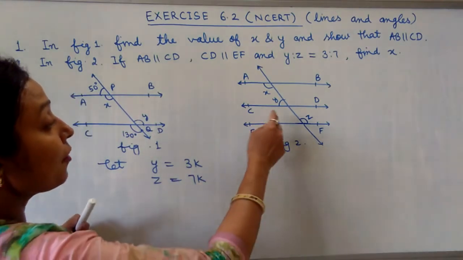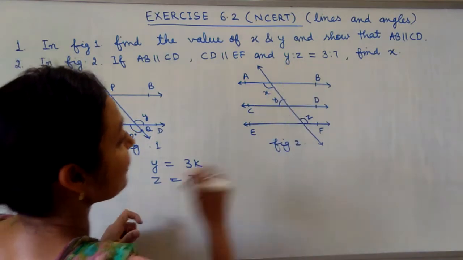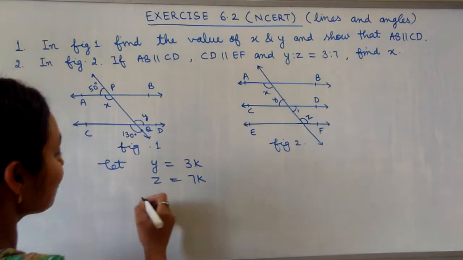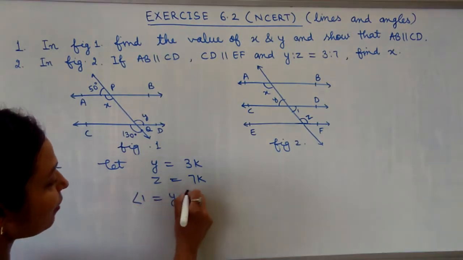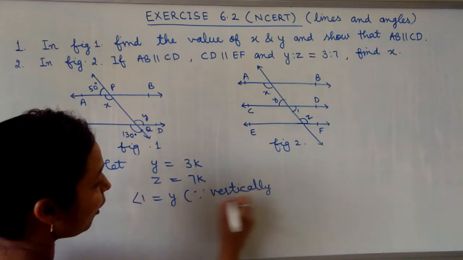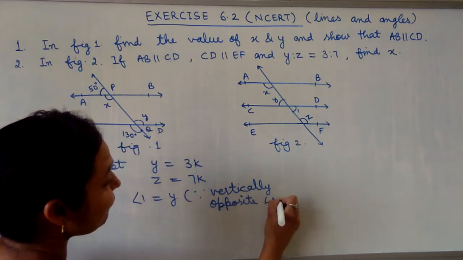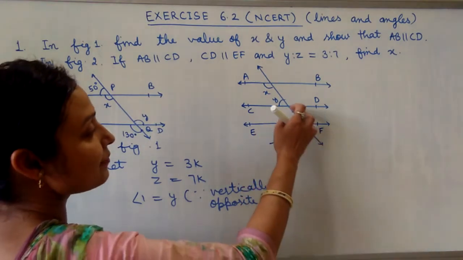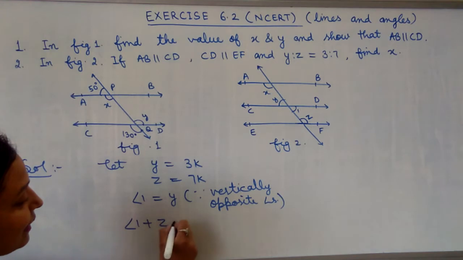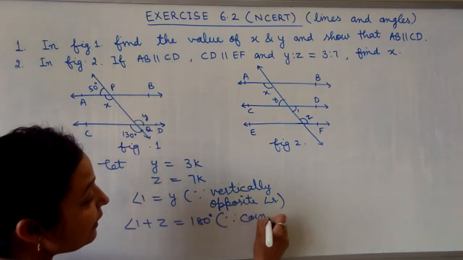Angle 1 is equal to y because they are vertically opposite angles. Why suppose angle 1? Because I will take the sum of angle 1 and z: angle 1 plus z is equal to 180 degrees because they are co-interior angles.